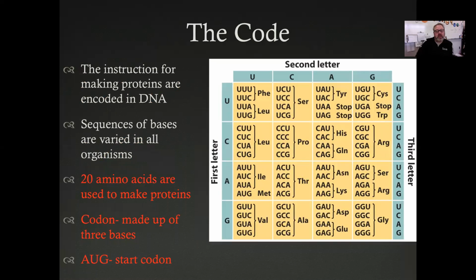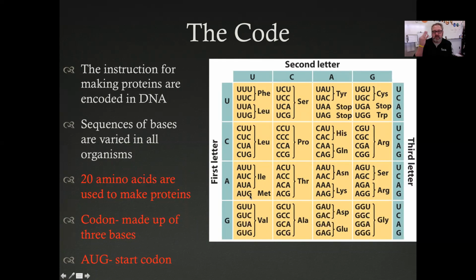So the code itself, when people talk about the DNA code, this is what they're talking about. The codon is each of these three bases. So let's just look at this one. Methionine is a start codon, adenine, uracil, guanine.